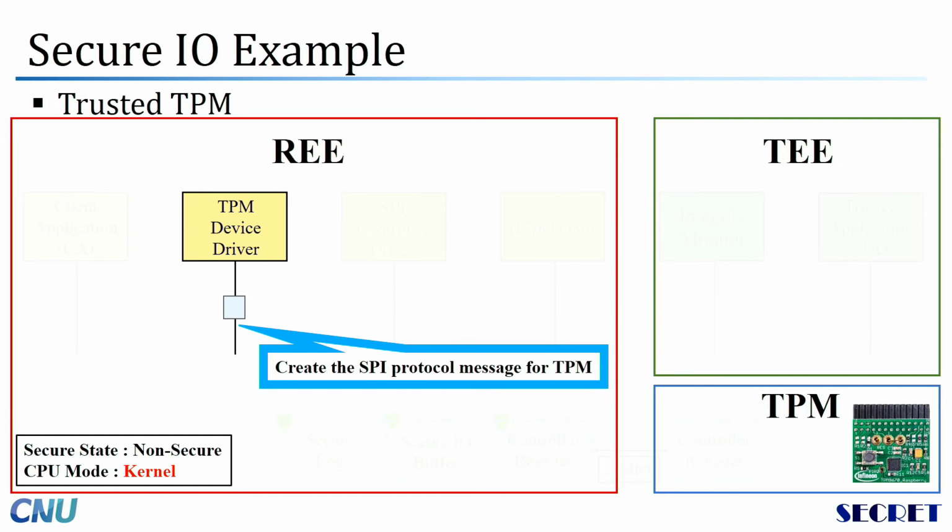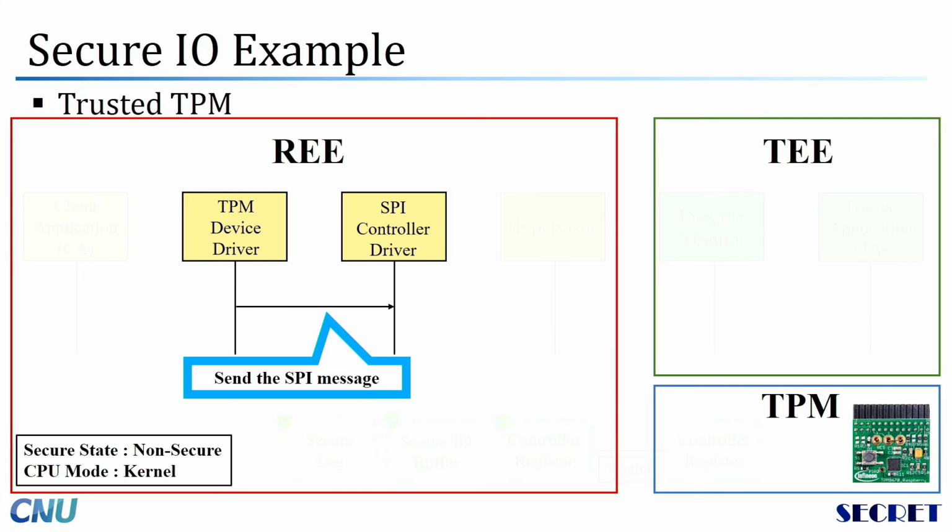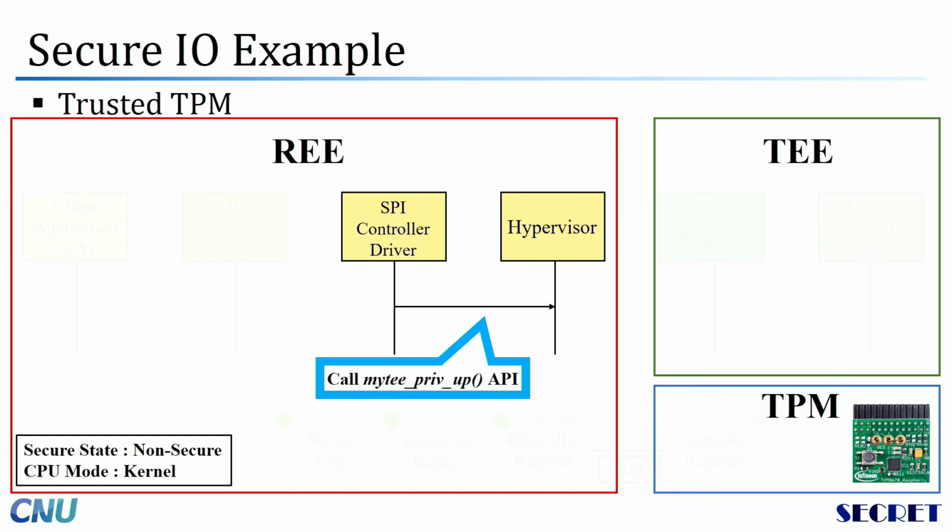The driver prepares the SPI protocol message for the TPM. The message is sent to the SPI control driver to trigger the communication with the TPM hardware. As the MMR region for the TPM is protected, the control driver cannot access it. Hence, we escalate the privilege of code blocks for MMIO using the MyTEE API.